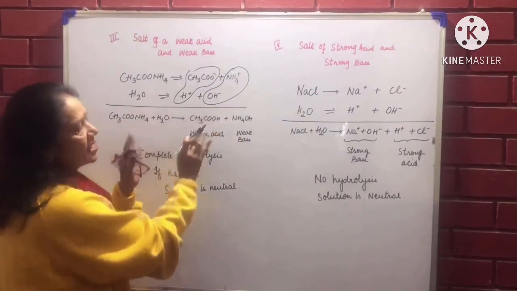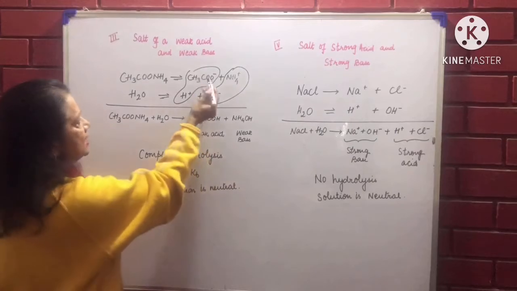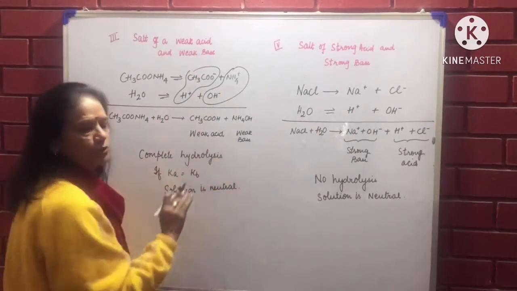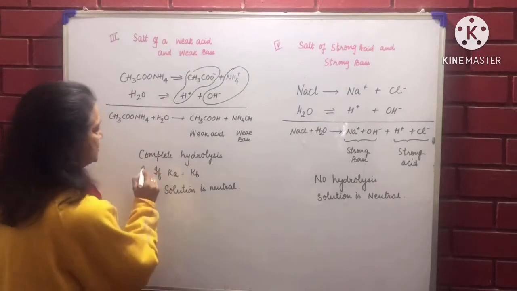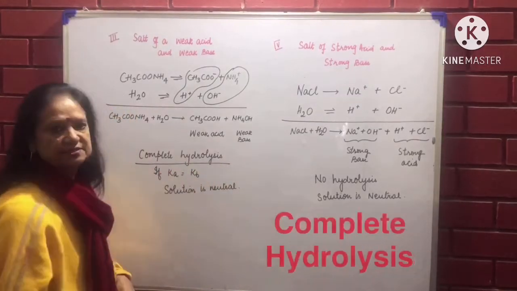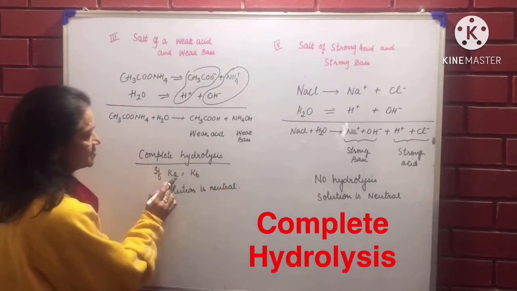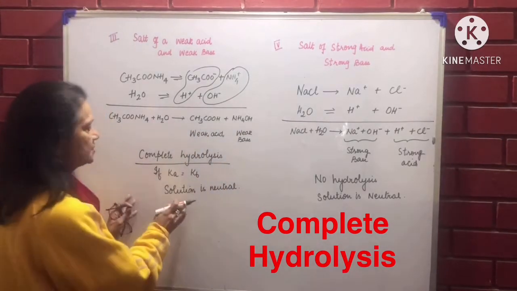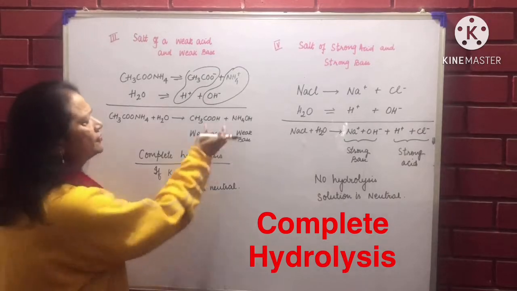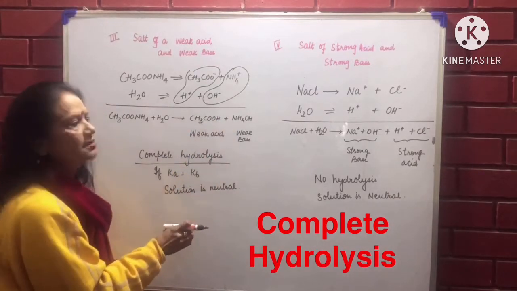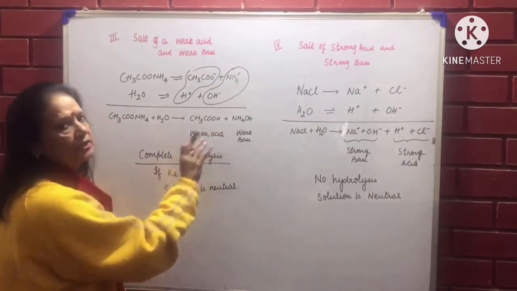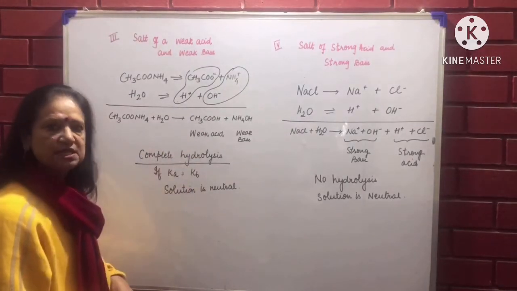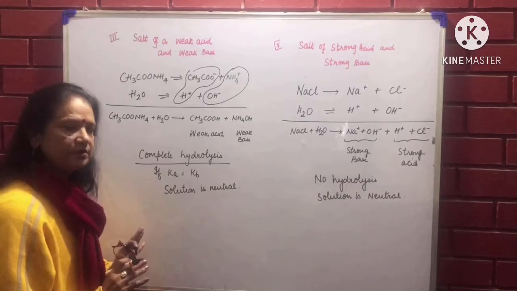So complete hydrolysis is taking place. Anion is combining, cation is combining, and a weak acid and a weak base are formed. If Ka is equal to Kb, that means both of them have equal strength, then the solution will be neutral. If there is some variation in their strength, then the solution can be acidic or basic, depending upon what type of acid and base is formed at the end of the reaction.